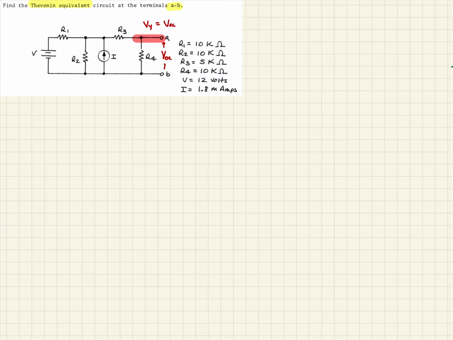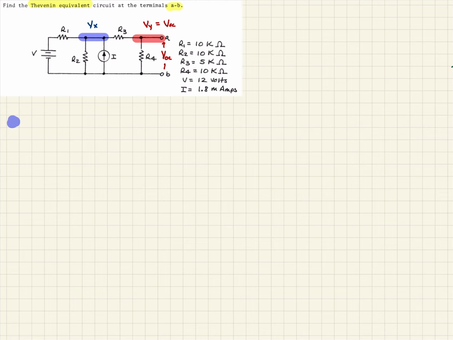So if we find Vy, we found what we're looking for. And the other node that we see here is right here, and we're going to call that Vx. And so now we should be able to develop some nodal equations and solve for these voltages at these nodes. So let's do that. So we'll solve for the Vx node first.